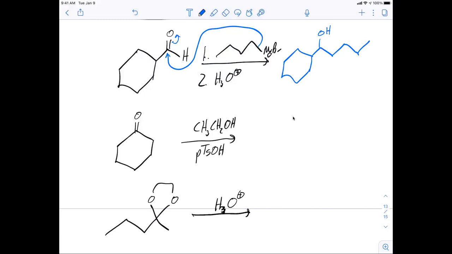Right, in the second one, we have ethanol with an acid catalyst. So in this case, we're going to end up with the ethanol acetal. So you add the 2 alcohols on there.